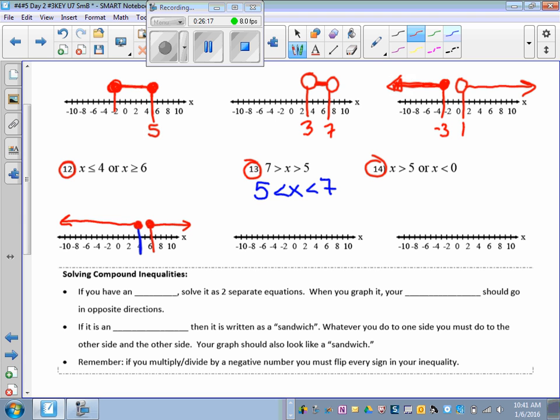Make sure that your mouth is facing x. Alright, so now my smallest number is 5. It's an open circle. Label it 5. My other number is 7. And everything in between.